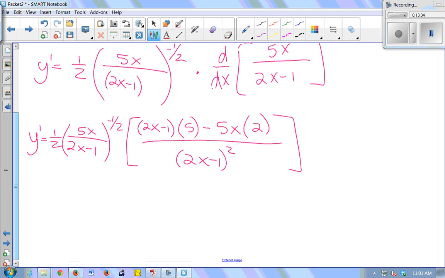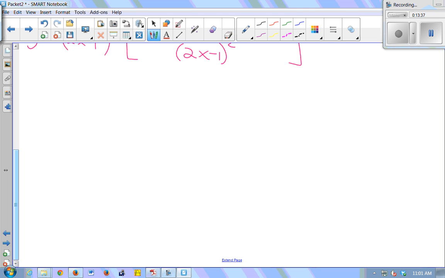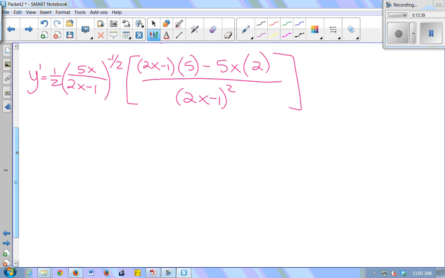And so this is one of those cases where just a little bit of algebra will significantly simplify this, so you should do that. If you can make some significant impact towards simplification in a few steps, you should do it. Y prime is going to be 1/2 times 5x over 2x minus 1 to the negative 1/2.